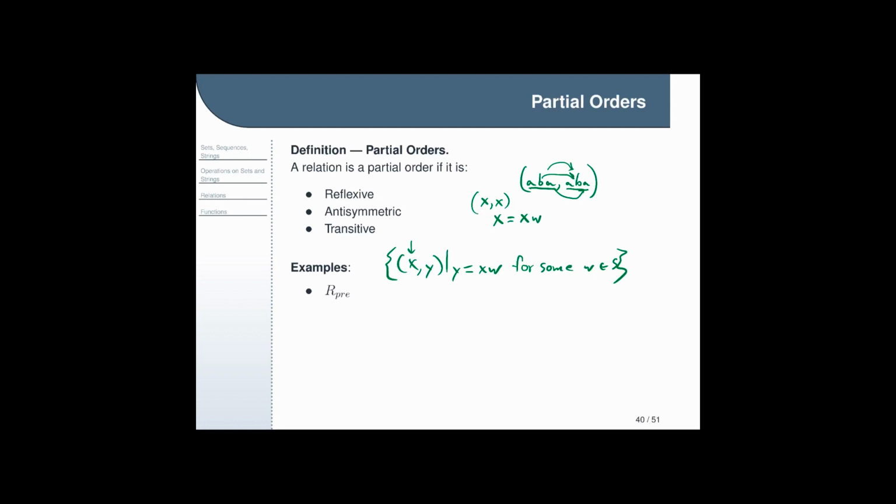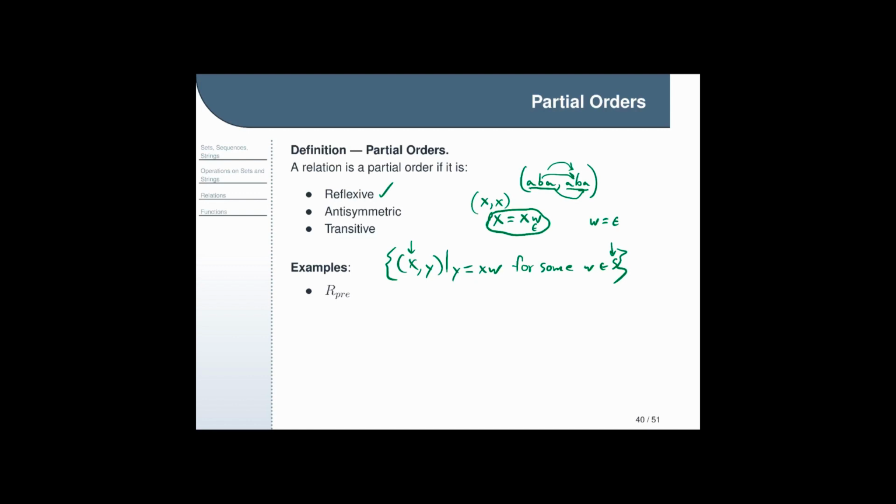So is it possible to find a w that makes this equation true? I do have to be careful about how I defined my S. To express the notion of prefix that I'm really thinking of here, S had better include the empty string, because that's exactly the string I'm going to use. I can always choose w equal to the empty string, and that makes this equation true for any choice of x. And so now I have demonstrated generally that this has to be reflexive.